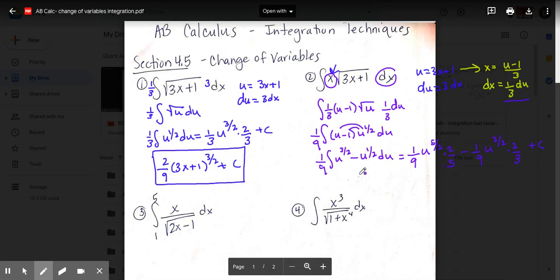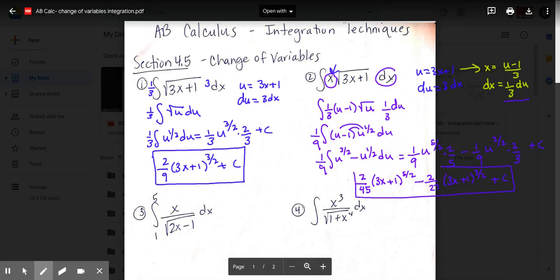So this ends up being 2/45 (3x + 1) to the 5/2, minus 2/27 (3x + 1) to the 3/2, plus c. And there you go. So a little different.